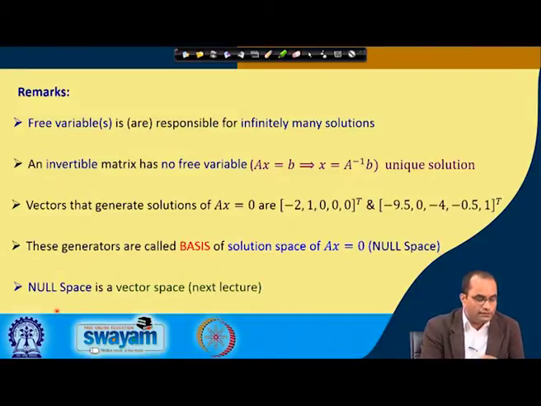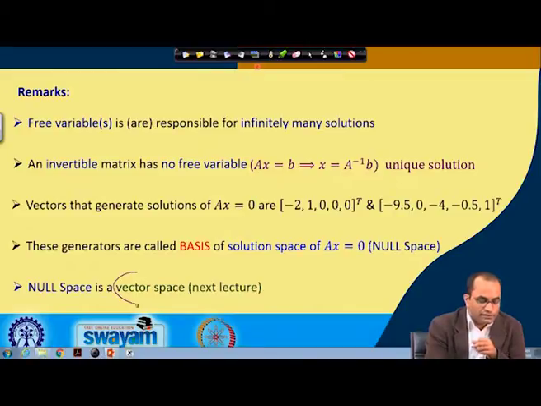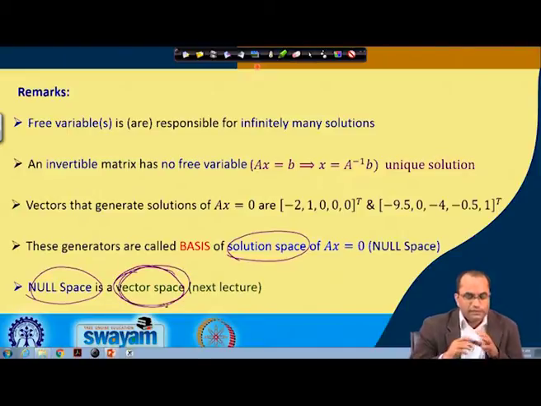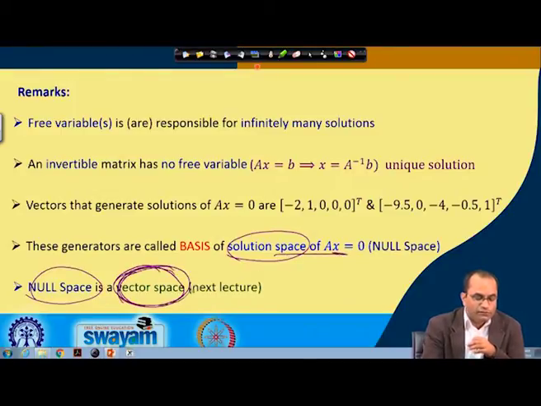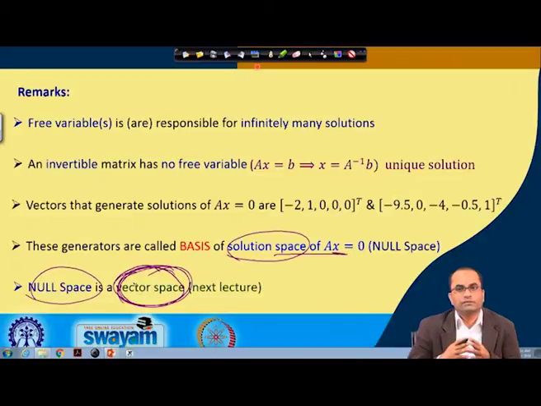Here the null space is a vector space. So, again one more term here, the vector space, has come. So, this null space, which is the solution space here, is a vector space, and there are some properties of the solution set which we are talking about, which will later be called a vector space.